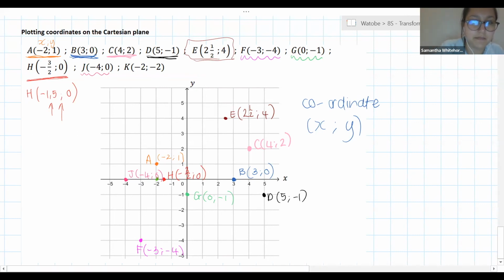Okay. And then on our y-axis, we go to -2 too. Good. And so my point is actually going to be plotted here. Would we agree? Yes, ma'am. Awesome. So K is at -2, -2. Again, we don't have to draw the little dots or the little lines or anything like that. We just plot our point.